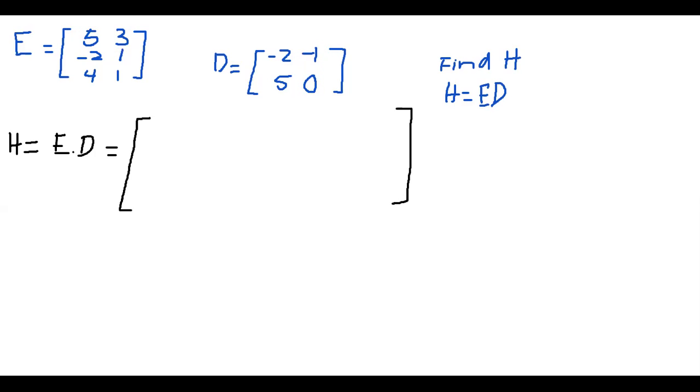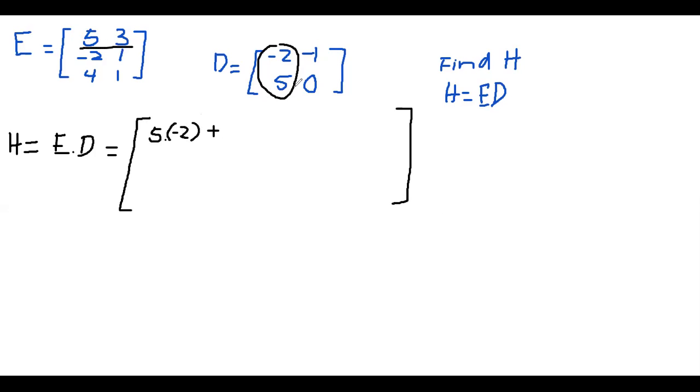So let's jump right into it. The first number will be row by column, so 5, this row, and I'll take this column. So 5 times negative 2 plus 3 times 5.